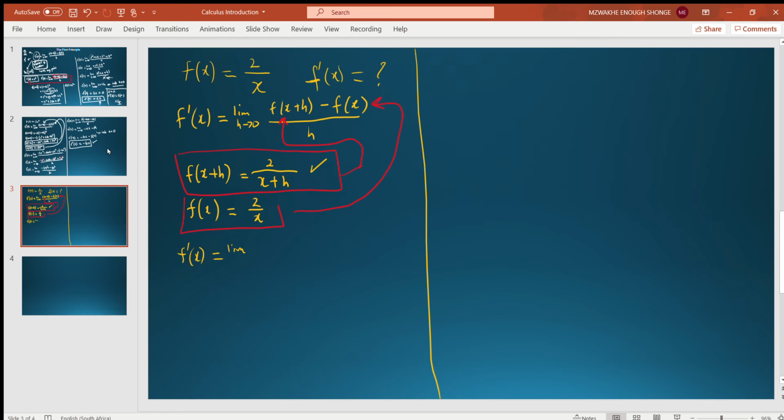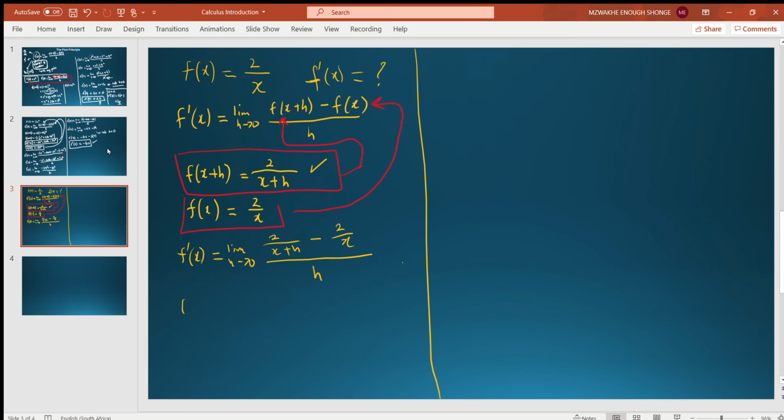Never forget this: the limit as h tends to 0. If you forget this limit, everything is going to be wrong. So the limit as h tends to 0 of f of x plus h, which is 2 over x plus h, minus 2 over x, all this over h.